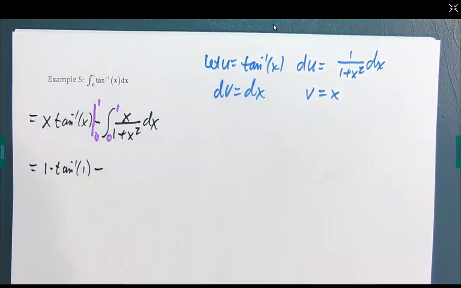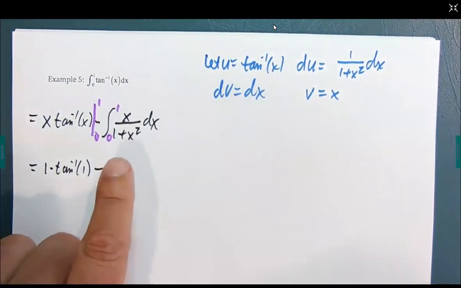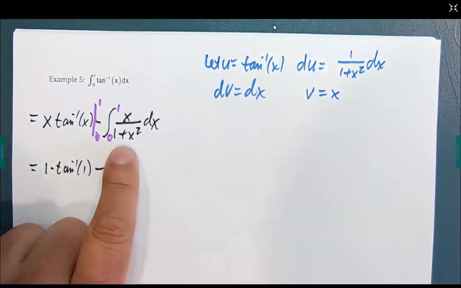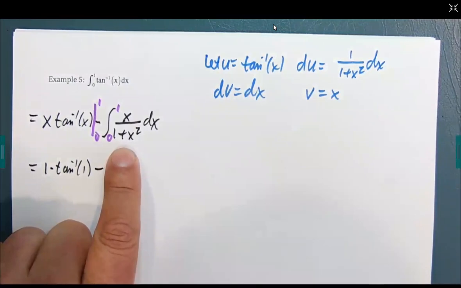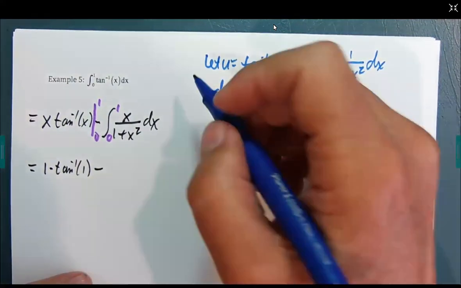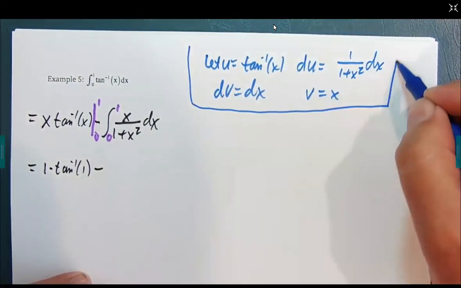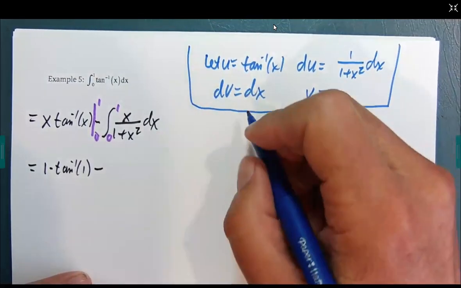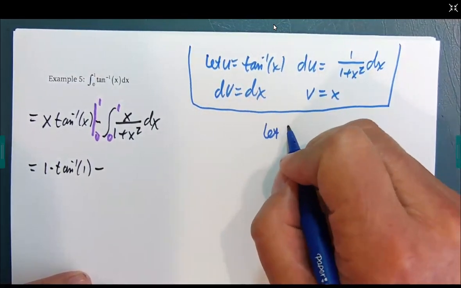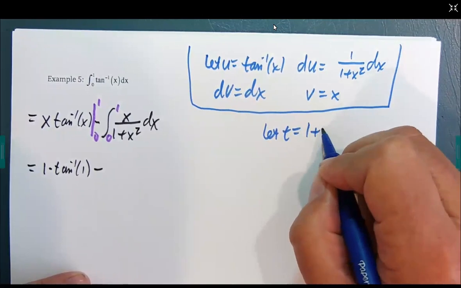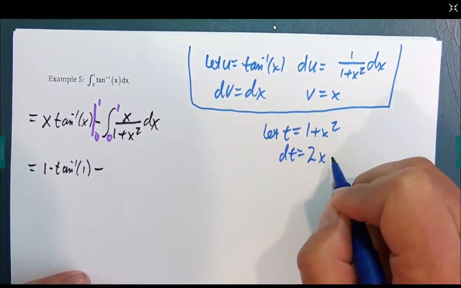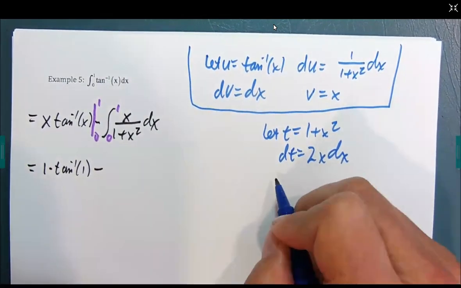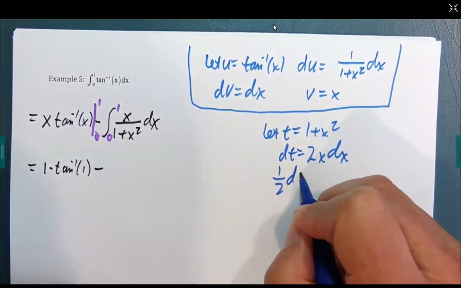Now, you're going to note on this one, I have to use a second technique. I'm going to have to use substitution to do this one. Well, I'm not going to let u be something because I've already used u. So I'm going to let t equal 1 plus x squared, making dt equal to 2x dx. And I'll even rewrite it like this.